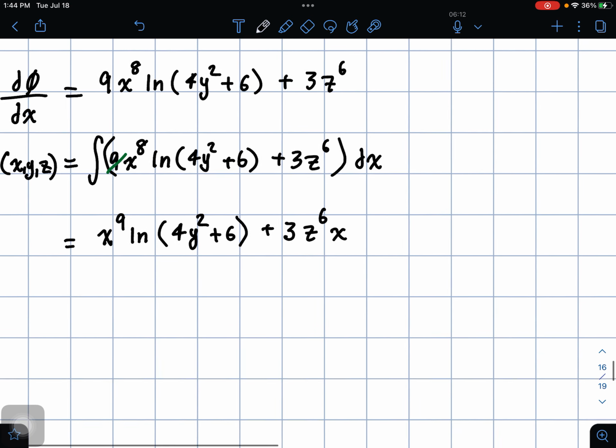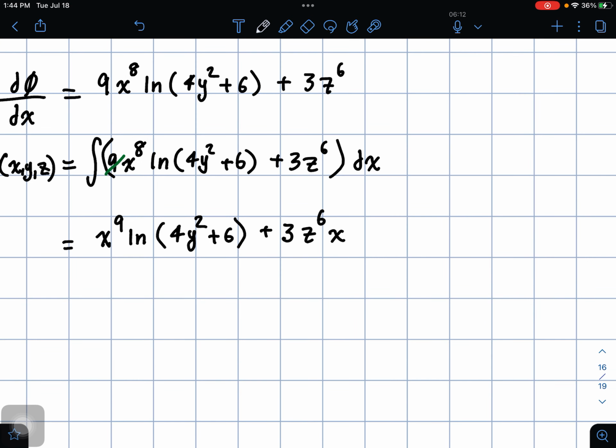Okay, and then another very important thing is our constant. Whenever we take integration, especially a definite integral, we have this constant c. But because we integrated with respect to x, we can assume, because we have to test all the possible solutions, that the constant is a function of y and z.